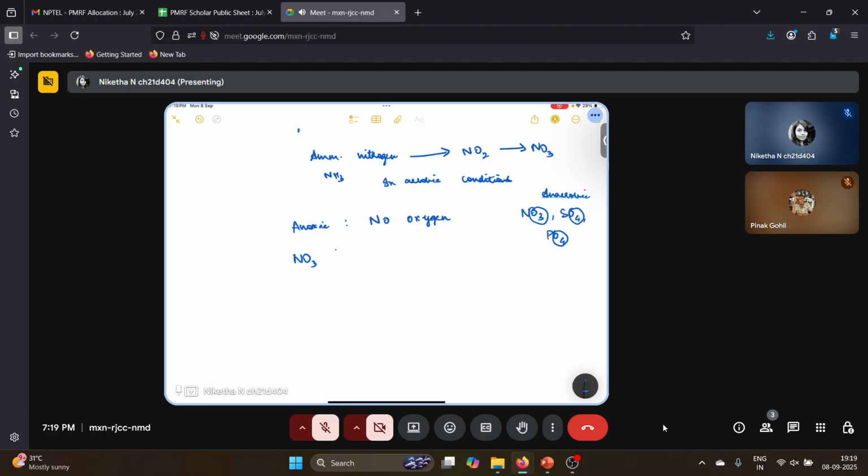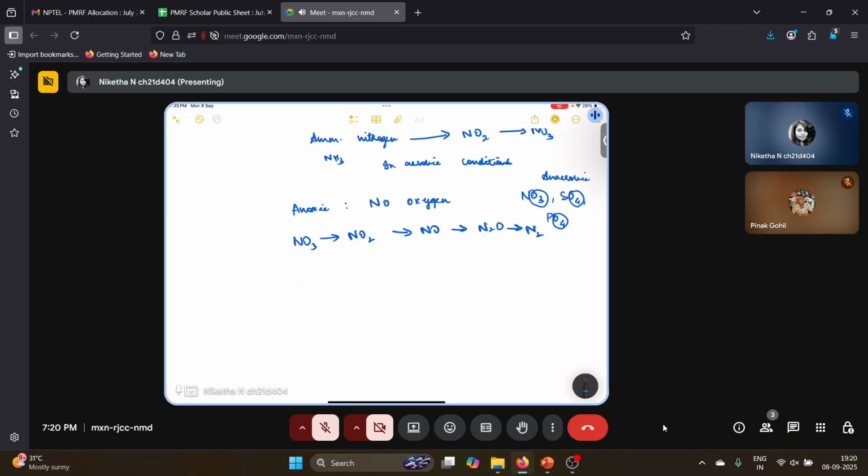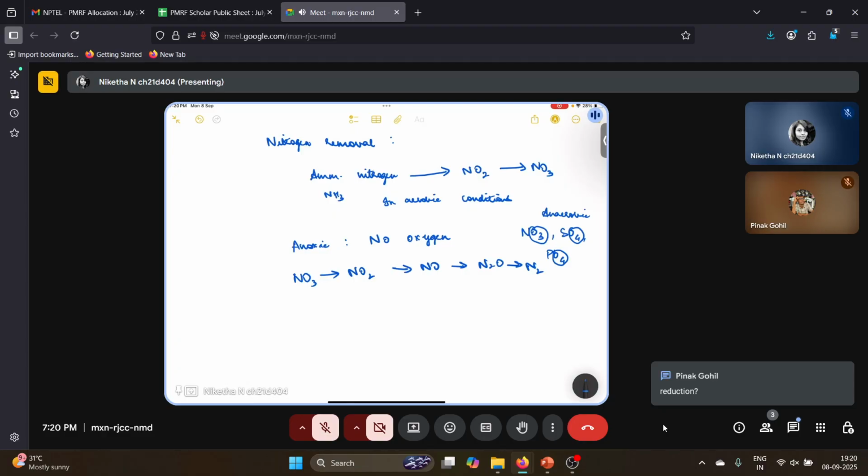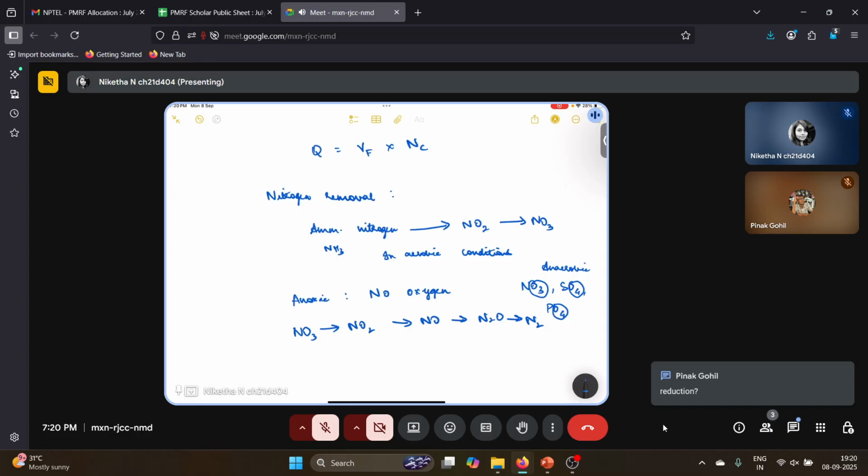The reduction happens, and whatever nitrates are there will be converted to nitrite, and then N2O, and then finally nitrogen gas. So this is why we need anoxic conditions, so that nitrates can get converted to nitrogen gas, and before that we need aerobic conditions so that ammonia will get converted to NO3.